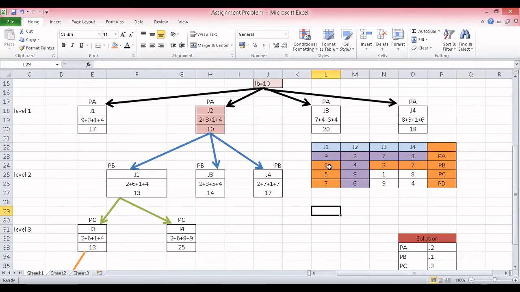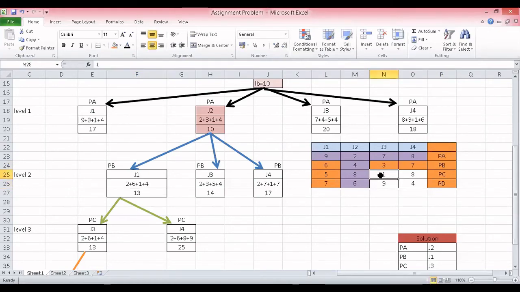Only observe the orange color. When I am assigning job 1, the intersecting row and column value is 6. So I have taken 6 here.